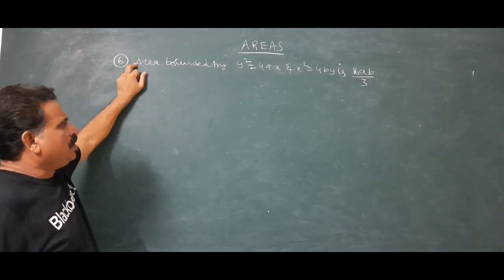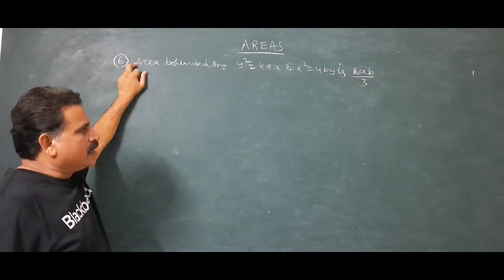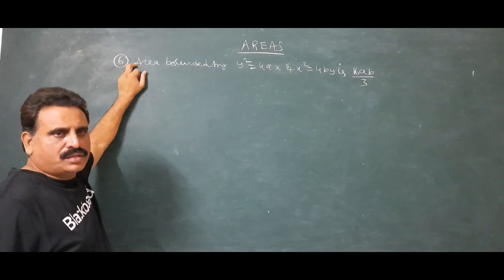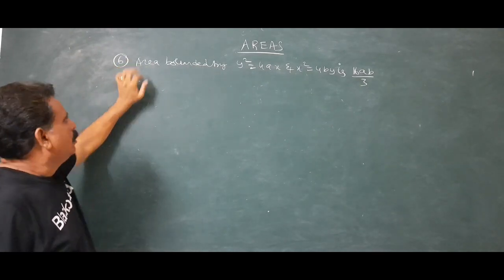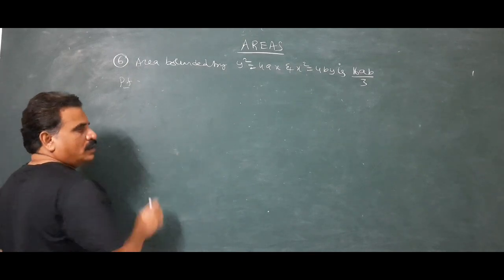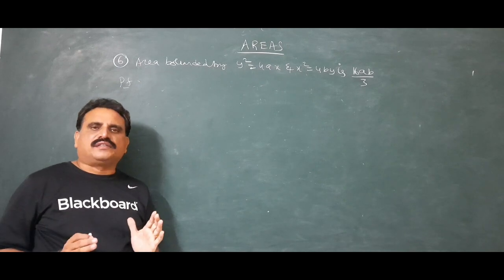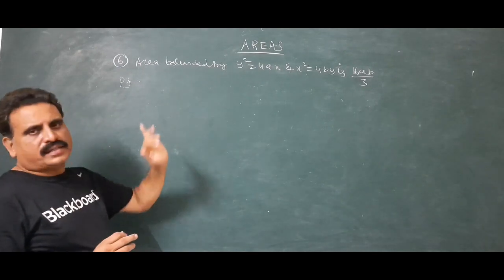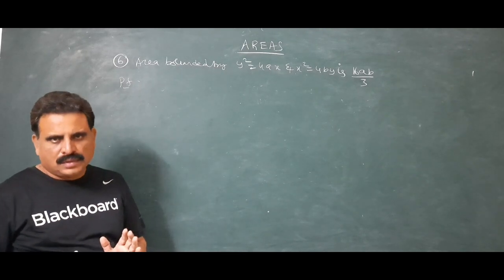Sixth point. The area bounded by y² = 4ax and x² = 4by is 16ab/3. Very simple proof. It is a very important proof for board exams. y² = 4ax and x² = 4by are two parabolas.